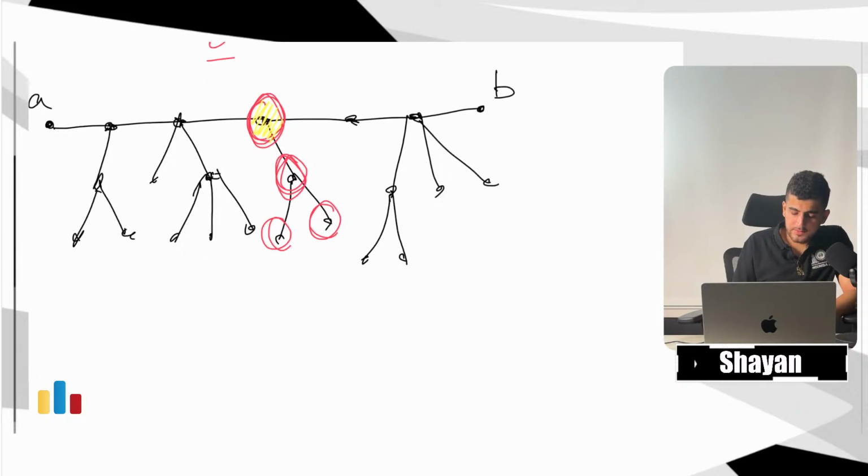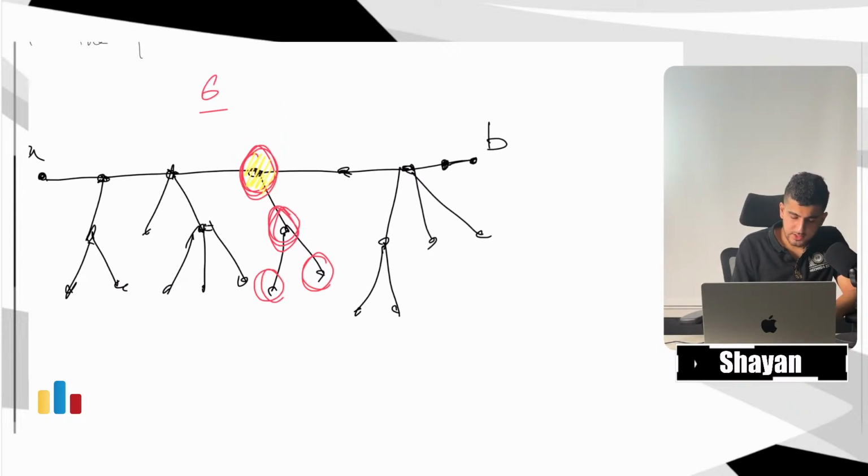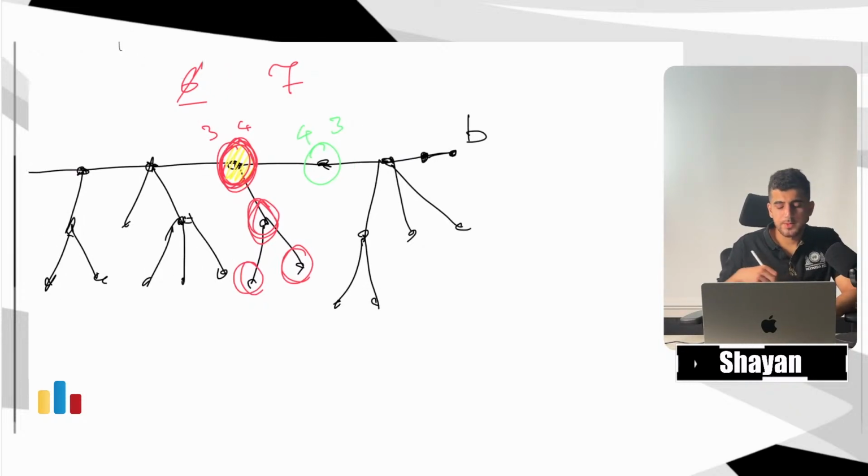Also, if the distance was, for example, an odd number, again, I've added one more edge, for example, in here. Now the distance is 7 instead of 6. Now, for this vertex, the distance to A is 3, the distance to B is 4. For this vertex, the distance to A is 4, the distance to B is 3.